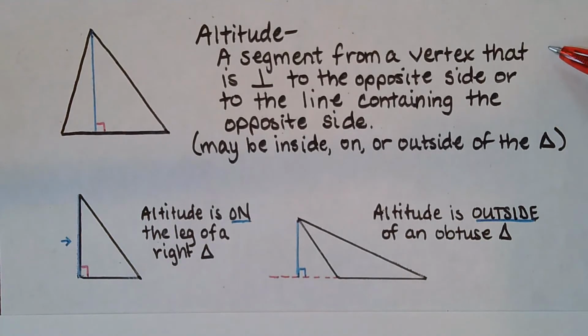The altitude is a segment from a vertex that's perpendicular to the opposite side or to the line containing the opposite side. The altitude might be inside, on, or outside of a triangle. And again, you have these examples also in your chart too of the altitude being on a triangle if it's a right triangle, or being outside of the triangle if it's an obtuse triangle.